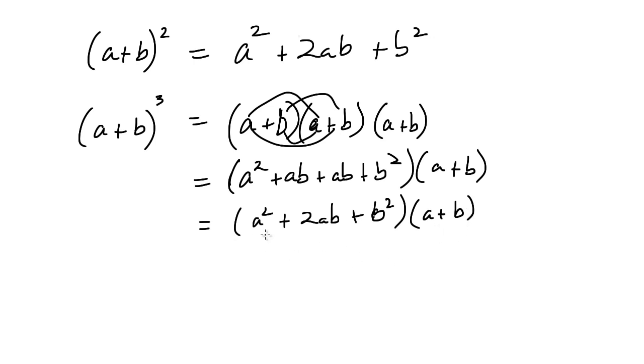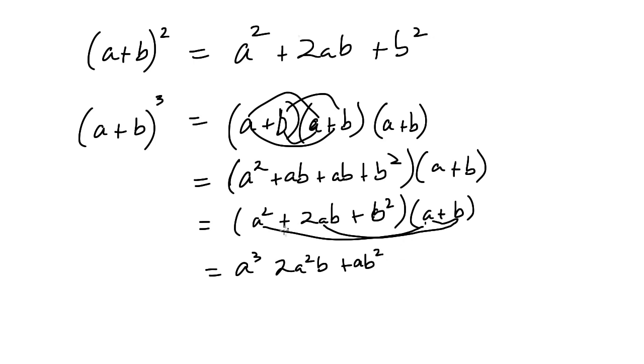And then if I was to multiply the three terms in here with the two terms here, I'd end up with a cubed, and 2ab times, let's say a as well, it would be 2 times a squared times b, and b squared times by a would be, let's put a in front, a times by b squared.